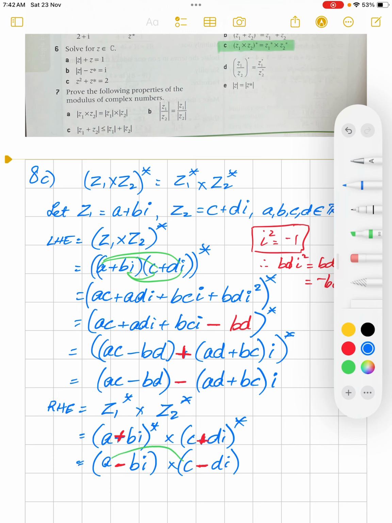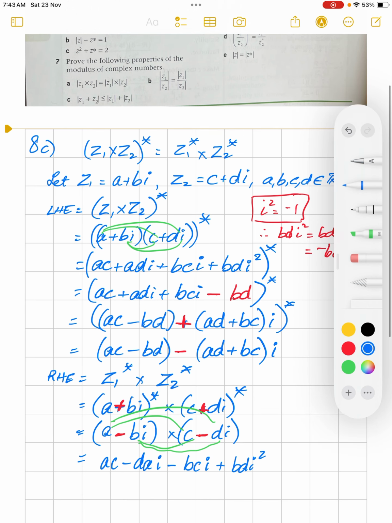All right, let's expand this and see what we've got. AC minus DI, or minus ADI, okay. BI times C with a negative is minus BCI, and that becomes plus, two negatives make a plus, BDI squared.